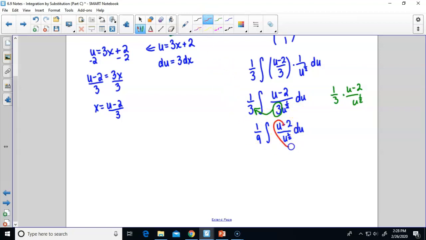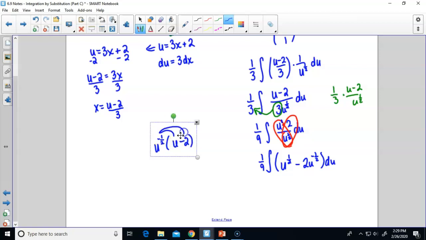If you do a love connection, you've got u to the first power over u to the 1/2, so 1 minus 1/2 gives you u to the 1/2, and then 2 over u to the 1/2 is going to be 2u to the negative 1/2. Or we could have used that negative exponent, u to the negative 1/2 times (u minus 2), and distribute that, and that would still give us the same thing: u to the 1/2 minus 2u to the negative 1/2.